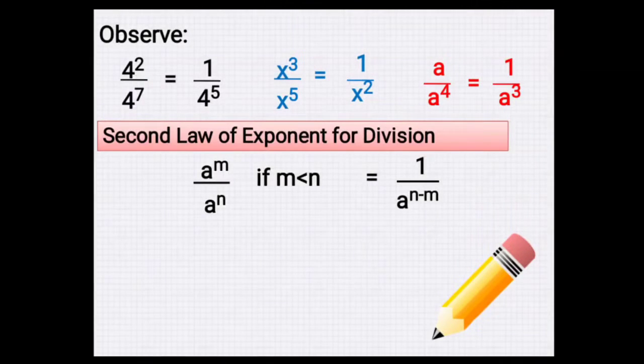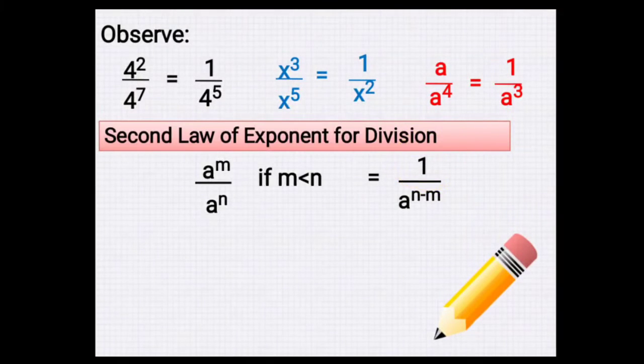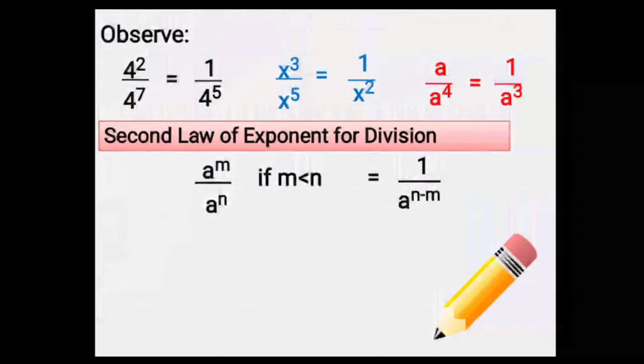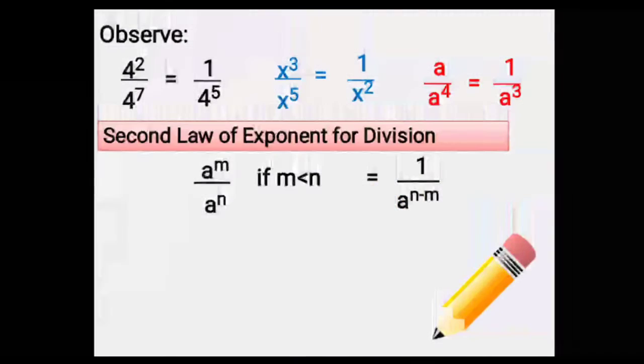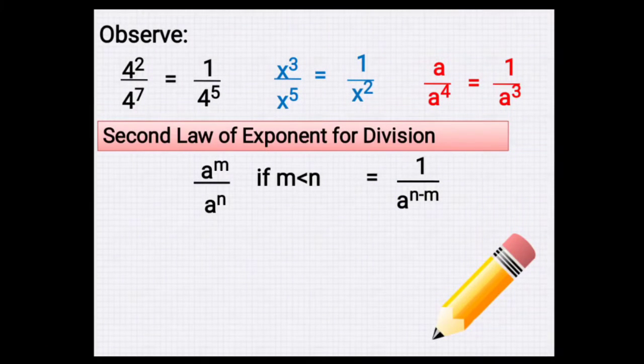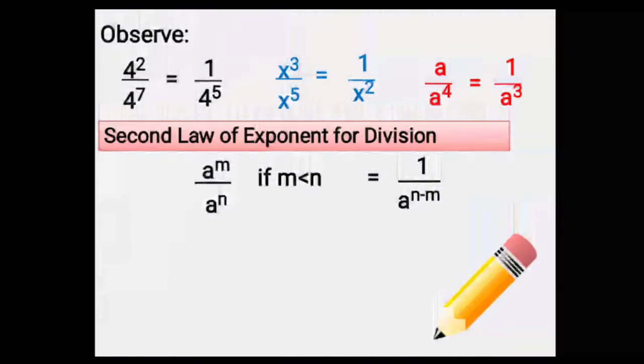What have you noticed? As you can see, our answer for the second law is in fraction form, okay? Wherein the numerator is 1. So in this case, we have 1 over, copy the base, then what are you going to do to their exponents? Copy n minus m, since n is greater than m.